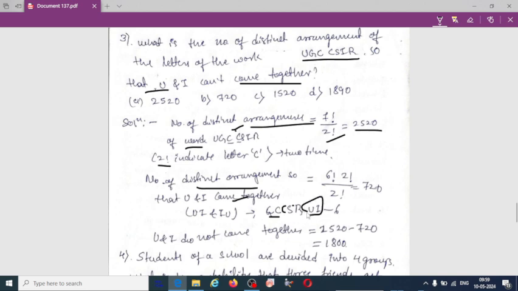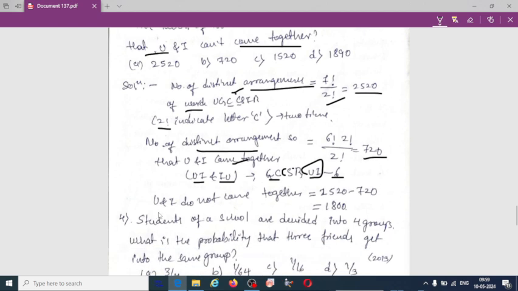So these 5 letters plus UI as the combination, that is total 6. So we can write here 6 factorial, and you can select UI or IU, so 6 factorial times 2 factorial divided by 2 factorial. We are selecting 2 combinations. So 720 we will get for U and I coming together.